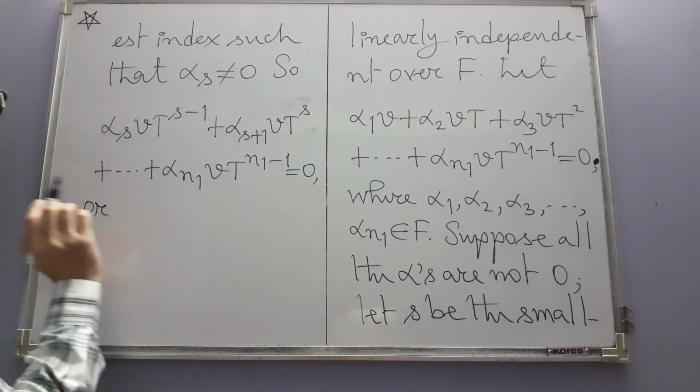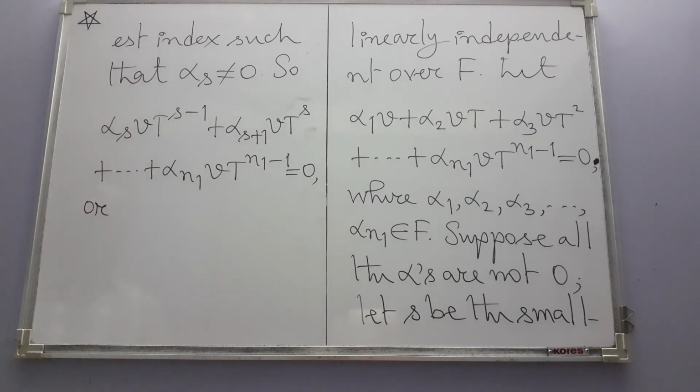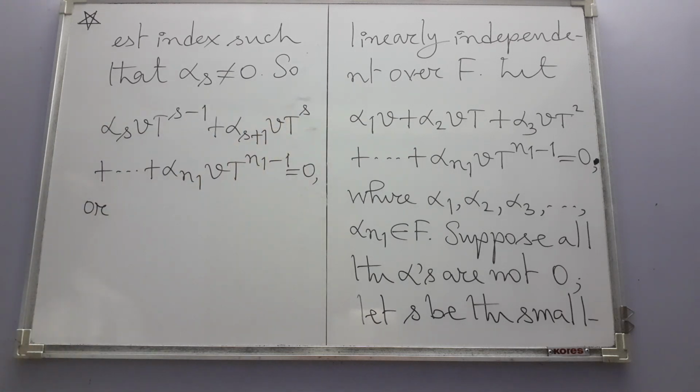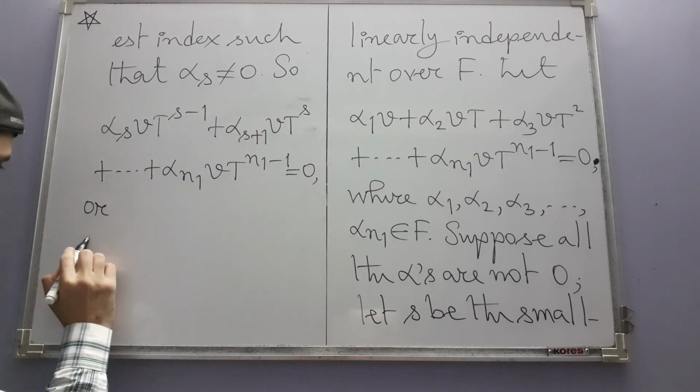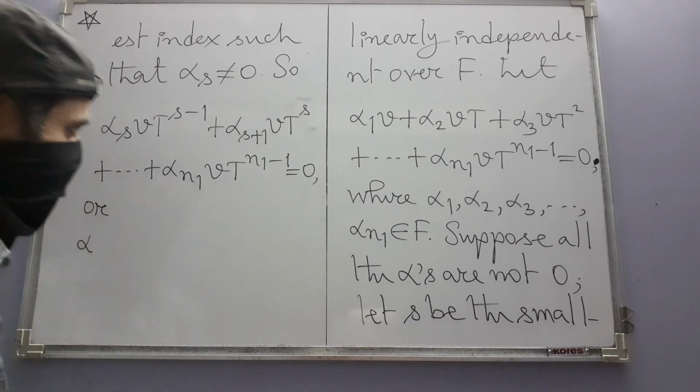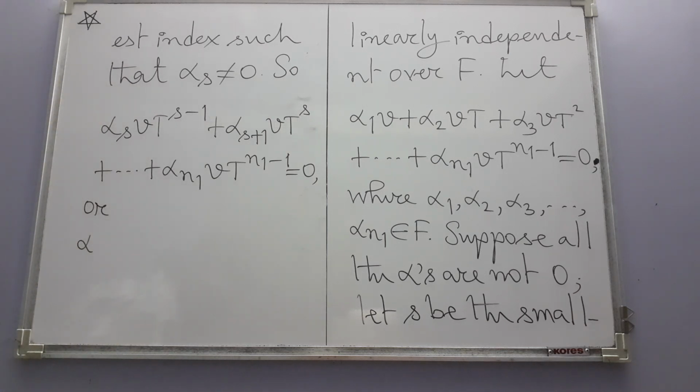Or now we can do one thing. We can write this sum slightly differently like this. Alpha s, okay, no, we cannot take alpha s outside because it may be just any scalar.